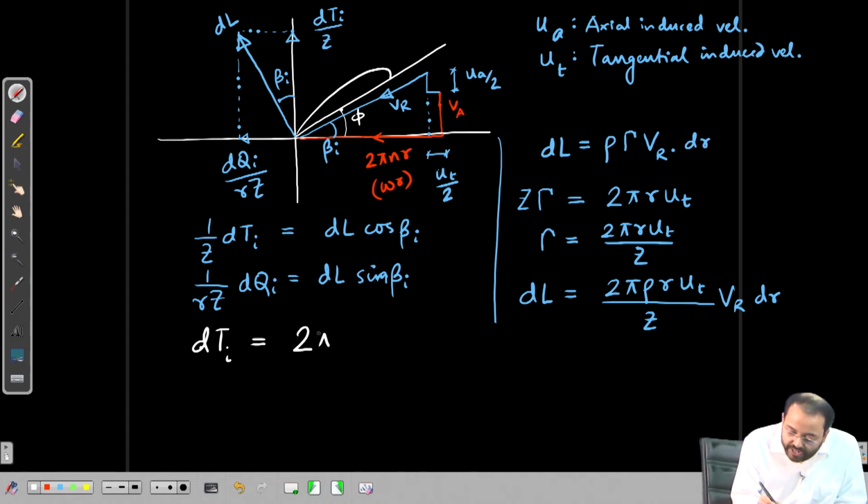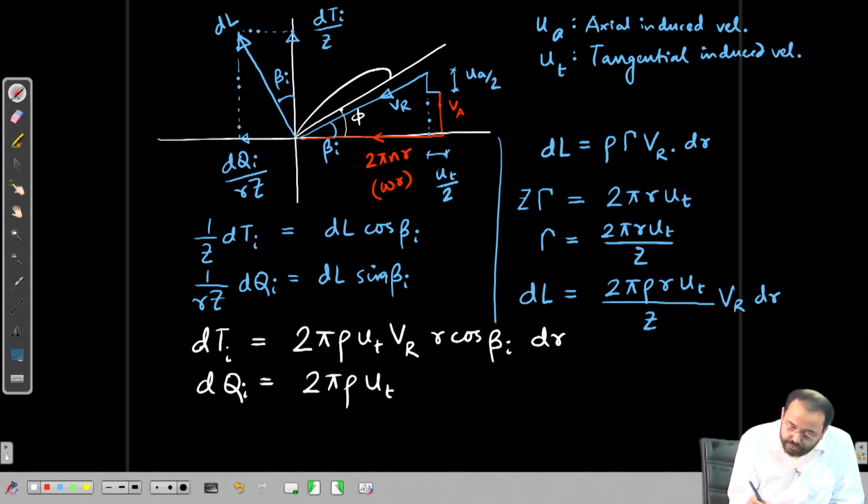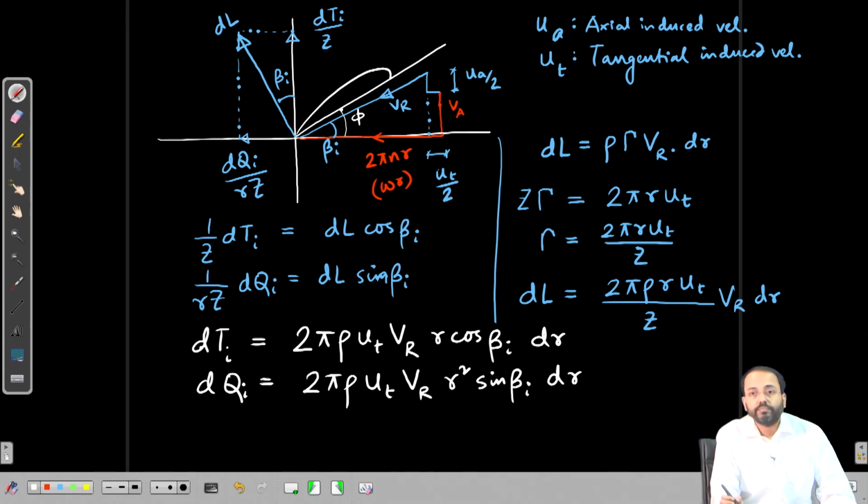So, dTi equals 2 pi rho ut Vr r cos beta i into dr, and dQi will be 2 pi rho ut Vr r square sin beta i into dr. Okay.